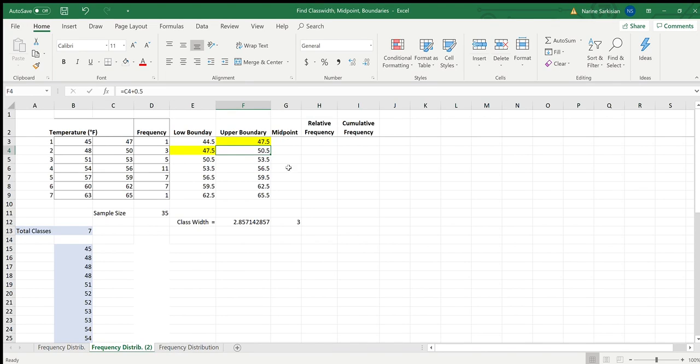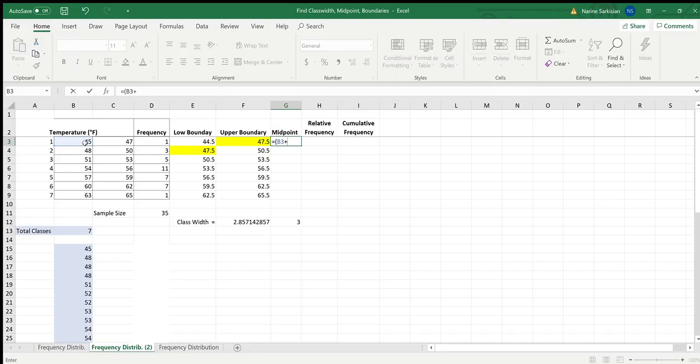Midpoint. Next, we need to calculate midpoint. Midpoint is the middle of these two limits of each class. So let's see, equal, parentheses, low limit of the class, which is 45.